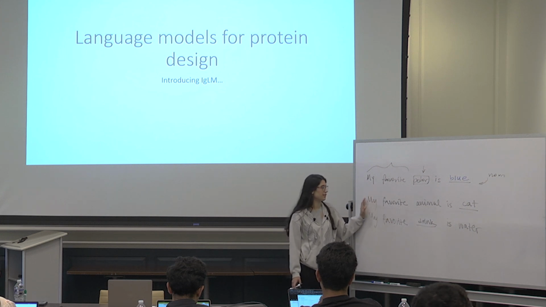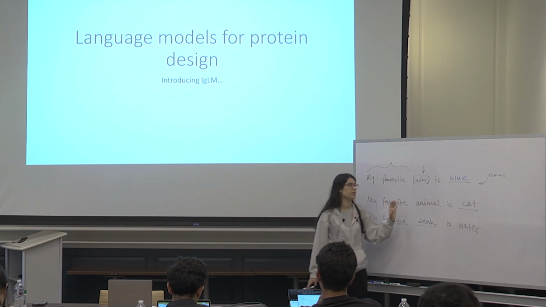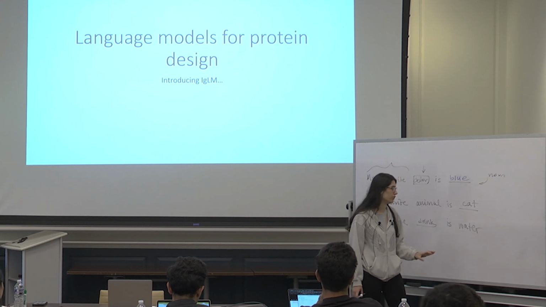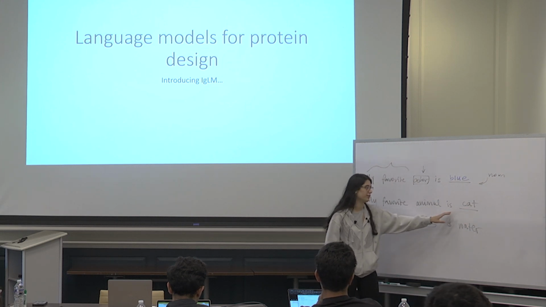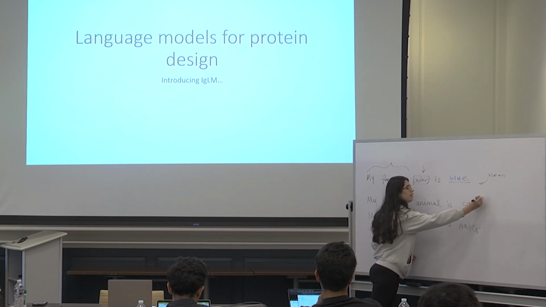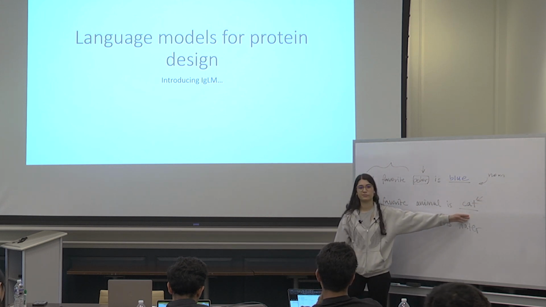So maybe it's not as similar in structure to this, but we know the English grammar, and we also know that we have to fill in the blank and predict as accurately as possible. So if I predicted water here, it wouldn't be very accurate, right? Because people wouldn't say that.